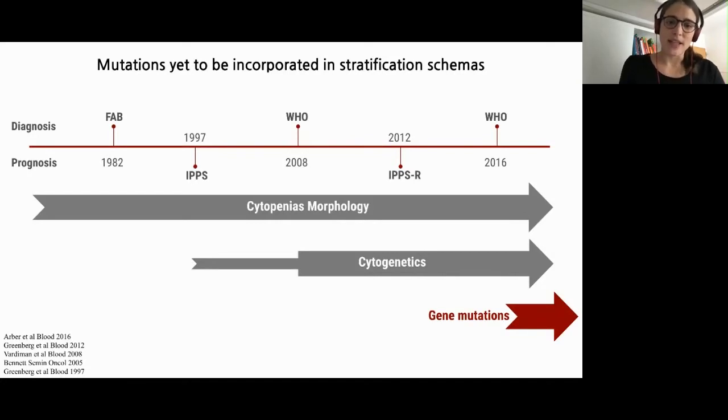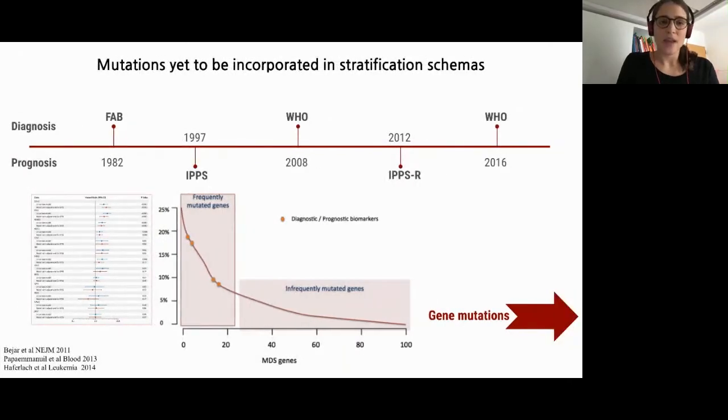More recently, cytogenetics, with conventional karyotyping, has been implemented in the diagnostic workup of MDS. But only half of patients have chromosomal abnormalities, and the other half have normal karyotypes. And with the advances of genomic sequencing and more systematic sequencing at diagnosis, it has been reported, and it's clear, that gene mutations are of clinical and prognostic relevance in MDS.